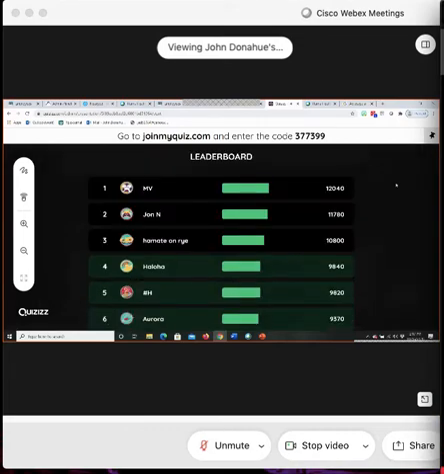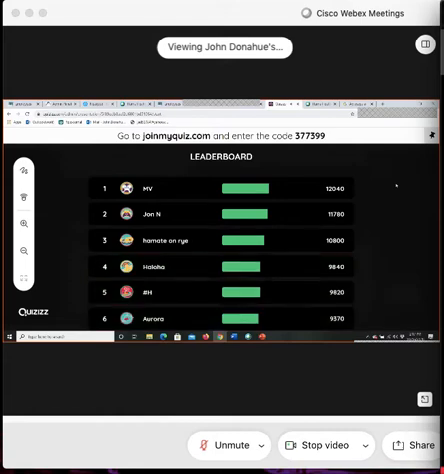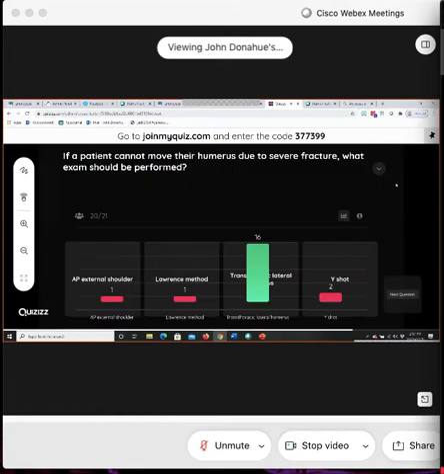Now, obviously, it would not be external because we can't turn the hand if it's fractured. But also keep in mind that the Lawrence and the Y-shot are both done for dislocation specifically. Lawrence and Y-shot are dislocation. Transthoracic lateral is if the humerus is fractured and the patient cannot move their arm, so we shoot through the chest cavity to get it in a true lateral.